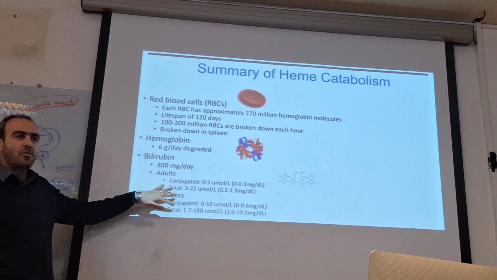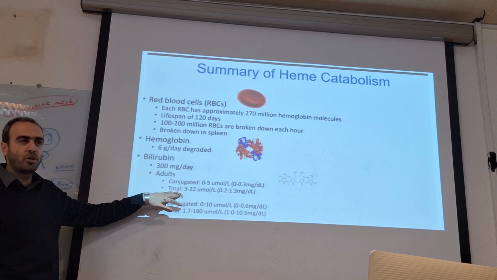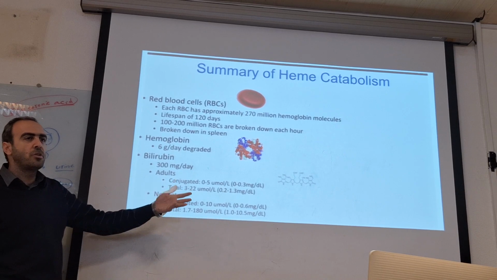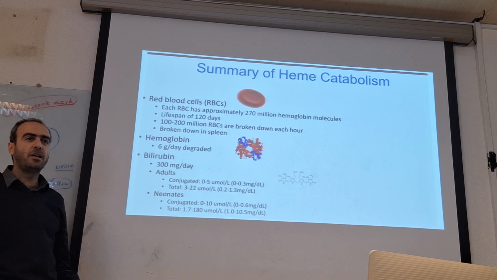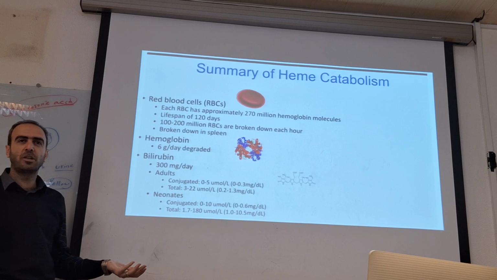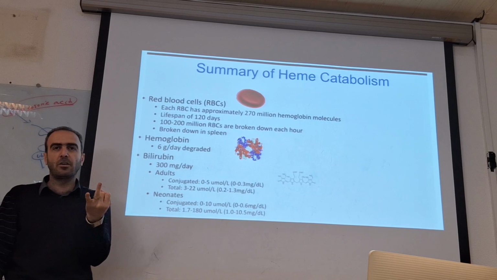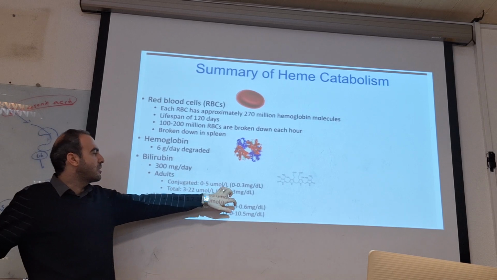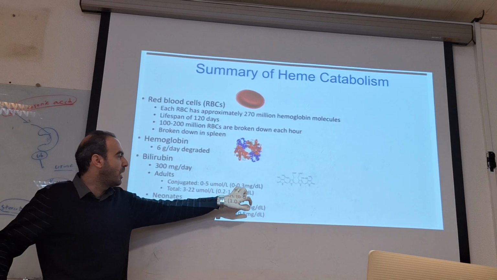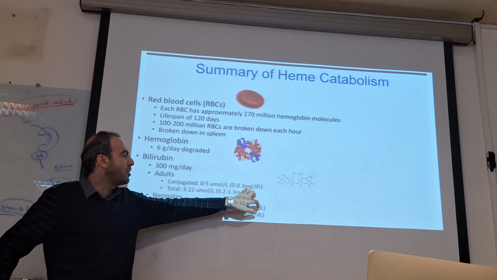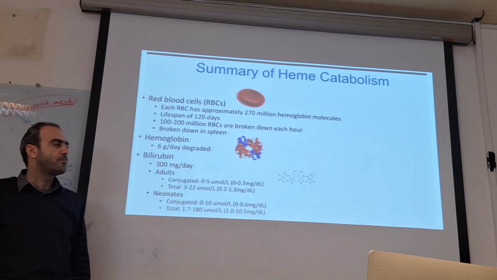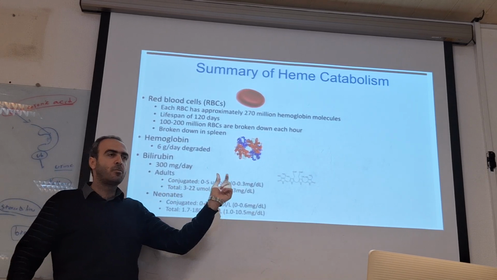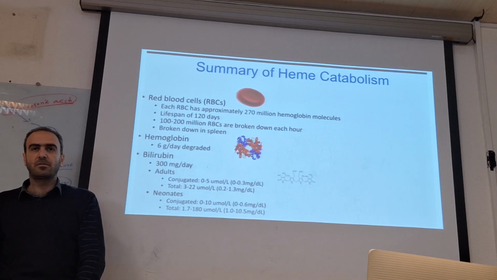So we can report conjugated and total. Unconjugated is calculated, so we don't need it. If we have total and conjugated, they are enough. Conjugated concentration is 0 to 0.3 milligram per deciliter, and total is about 1 milligram per deciliter.